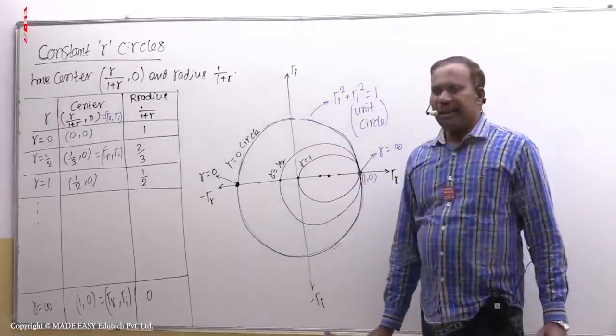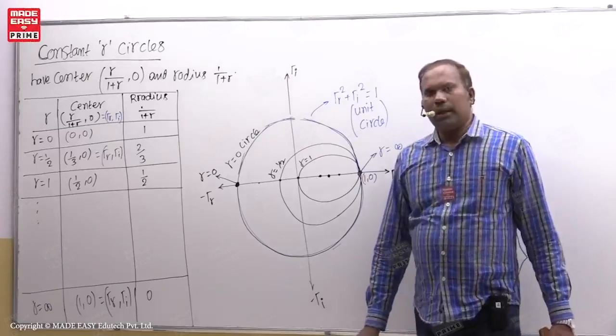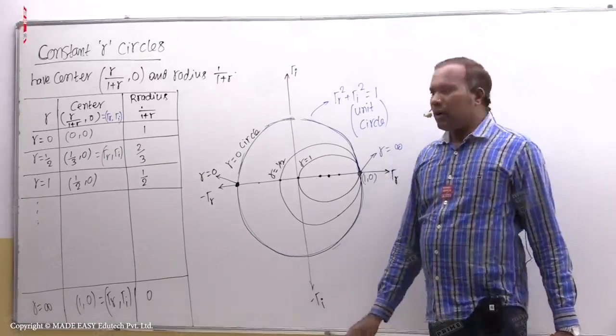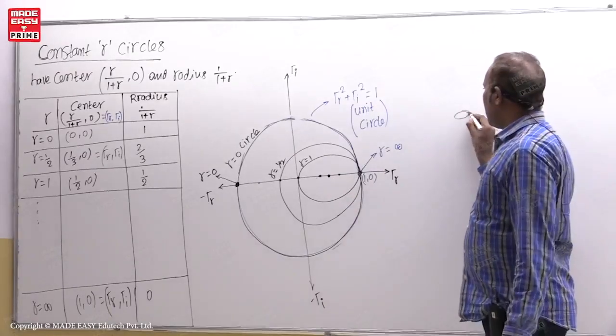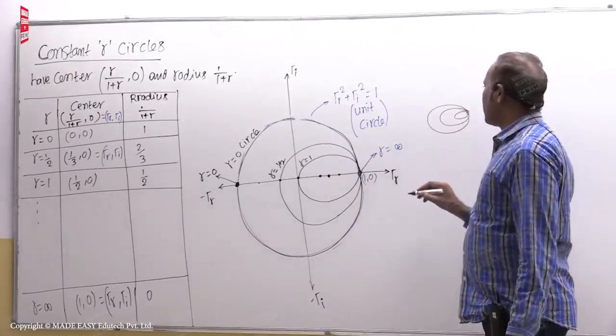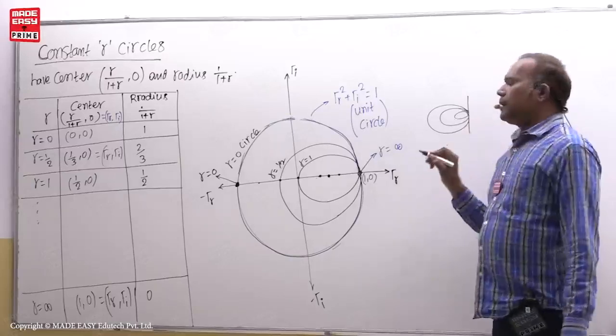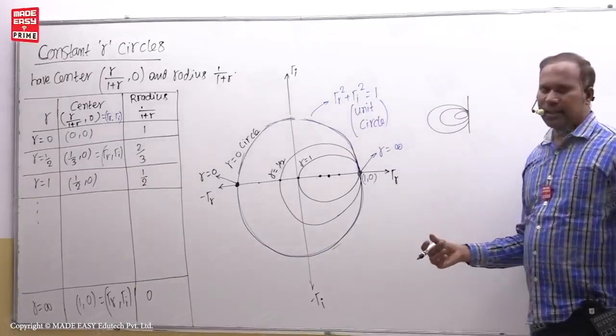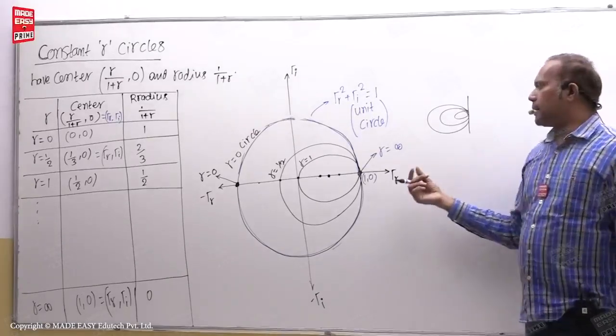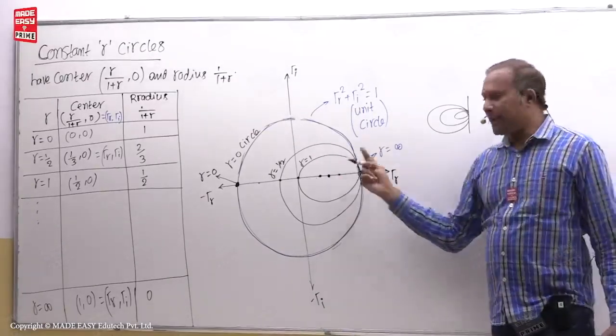That is the normalized resistance. Now in the examination, they have given this Smith chart, and these circles represent option A constant R circles, option B constant X circles, like that they have asked. Then the answer is constant R circles. You remember the shape.